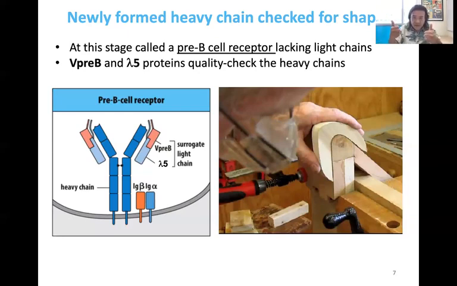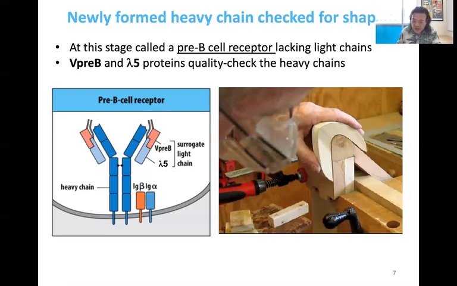This heavy chain that we came up with sure looks like a heavy chain. It's the right size, it's the right shape, etc. So it's like a quality check. If these V pre-B and lambda 5 proteins don't successfully bind to the heavy chain, then the cell never gets the signal to continue on. And at that point, that's the end of that B cell.